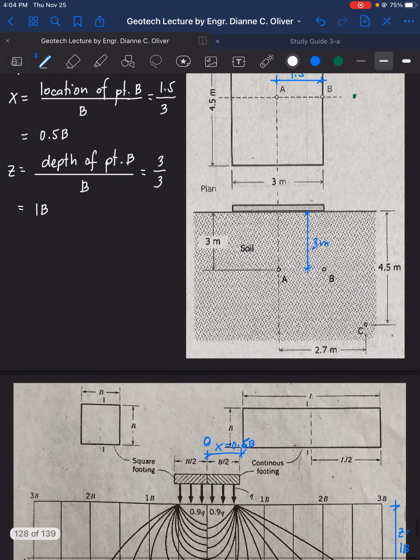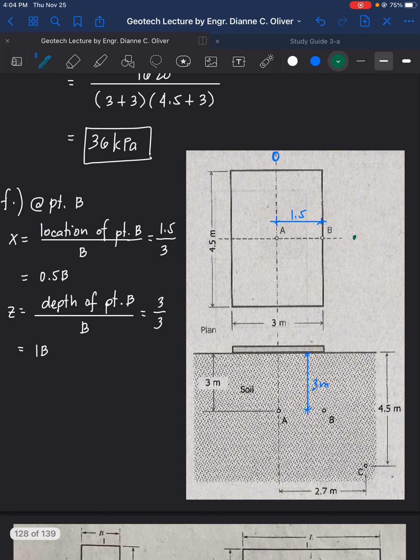Next, let's find point C. At point C, what is X and what is Z?